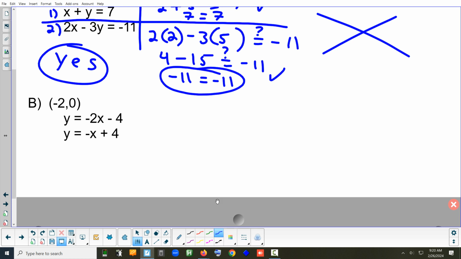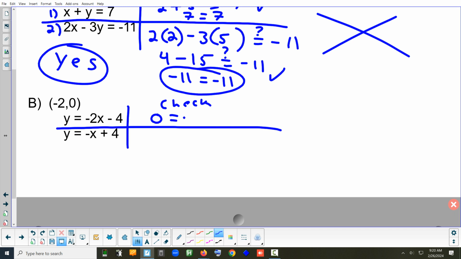So let's take a look at this one. All right, so off to the side, I'm going to check it. Okay, and what are we filling in for y this time? 0. 0 equals -2. That's going to stay right where it is. And what are we filling in for x? -2.